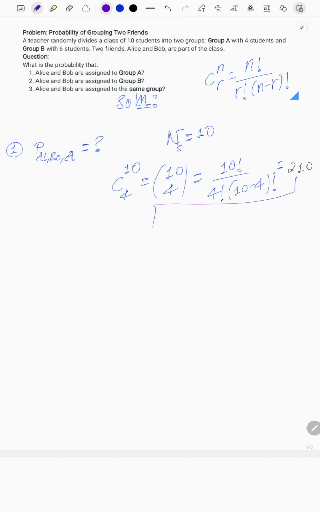So this 210 is the number of ways we can assign four students to Group A.